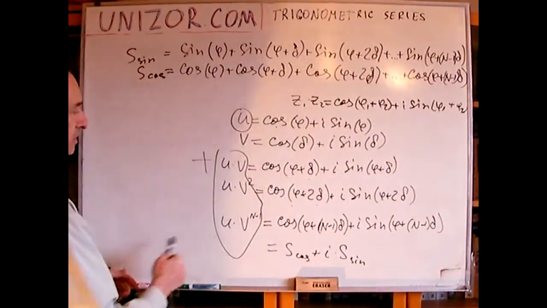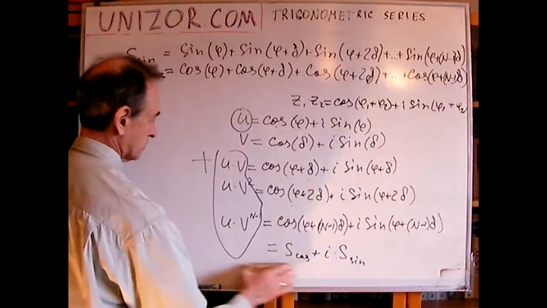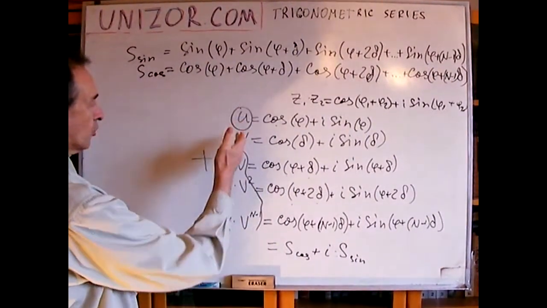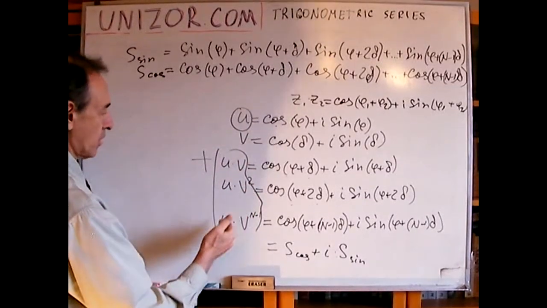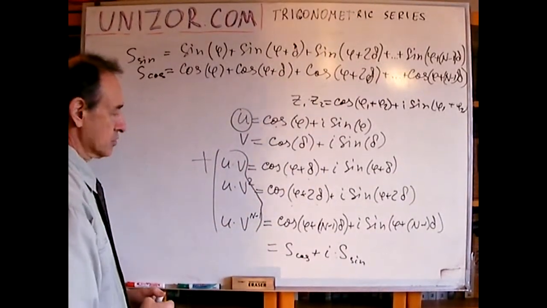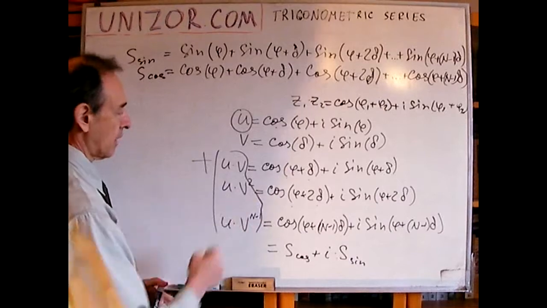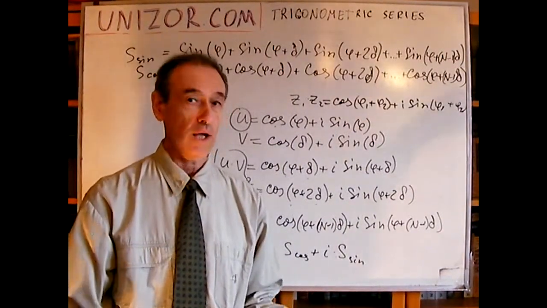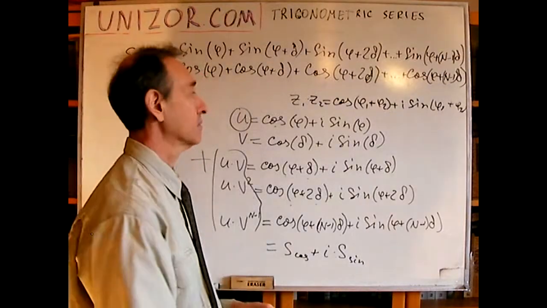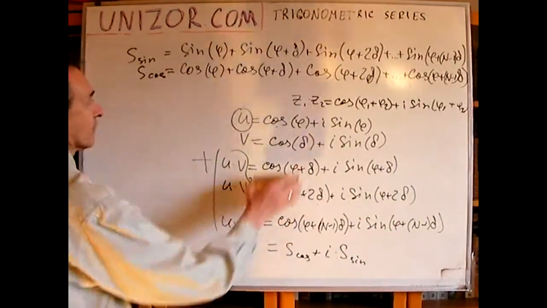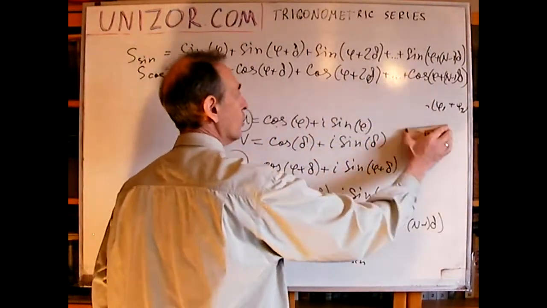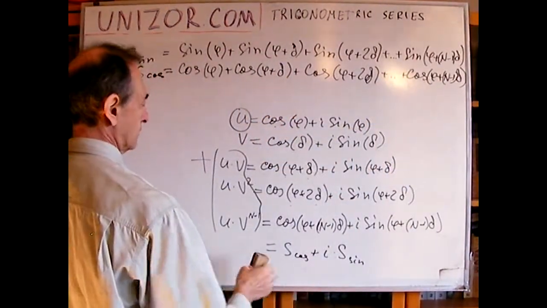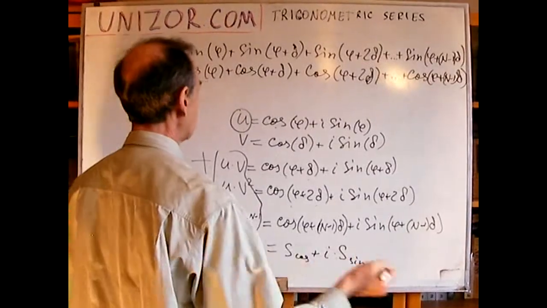What will I have on the left side? What is u plus uv plus uv squared, etc., plus u times v to the power of n minus 1? Well, obviously it's a geometric progression, and we know how to sum a geometric progression, right? Well, for those who don't remember the formula, and that actually includes myself, let's derive it.